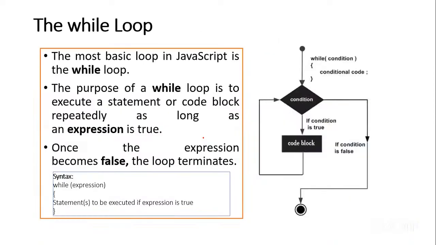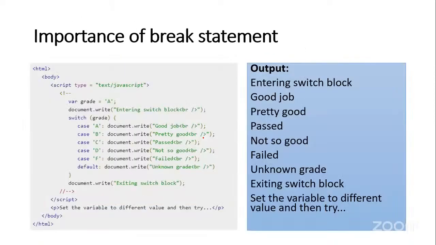Sir, what is the logic if none of A, B, C, D, F is executed? It goes to the default. On what scenario and what condition are we following? The only logic is the variable we write in the switch. For this switch, we are giving grade.